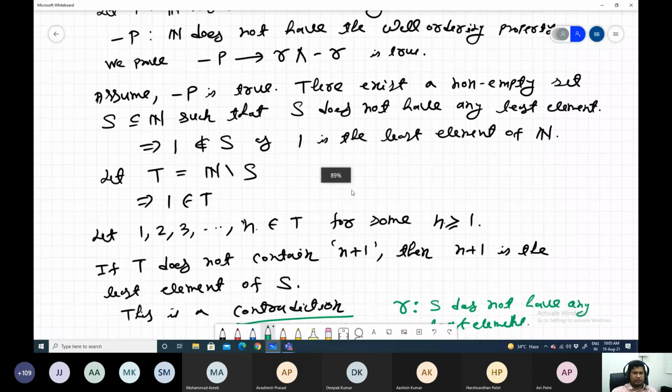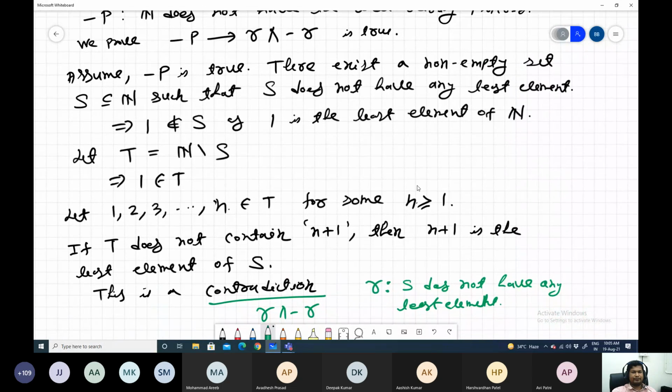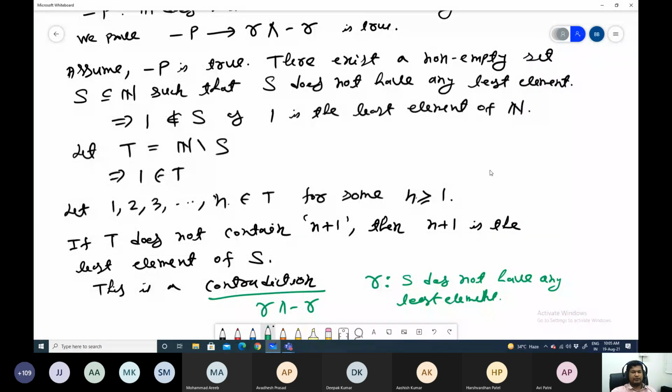Right, I got you. So I should not start with that. Sir, we can only comment on the presence of 1 in T. How are we so sure about 2, 3 and others? No, we are not saying that. We are just saying that it is up to n, where n is bigger or equal to 1.